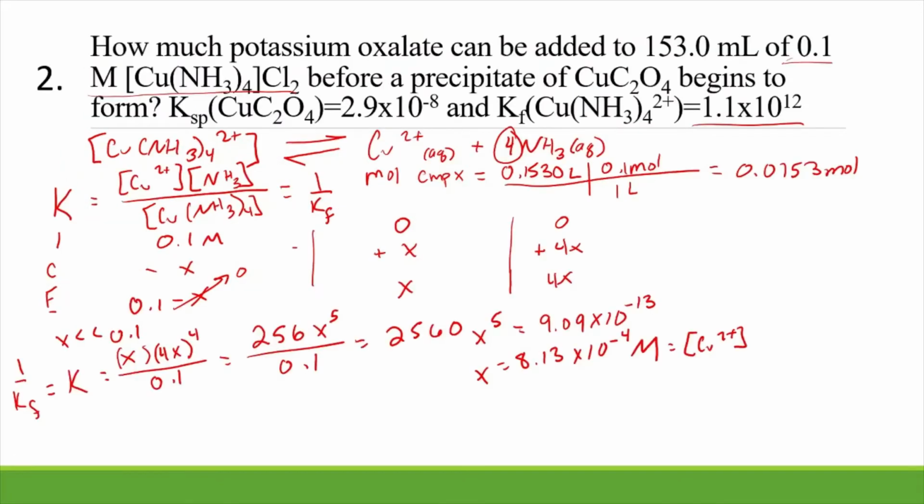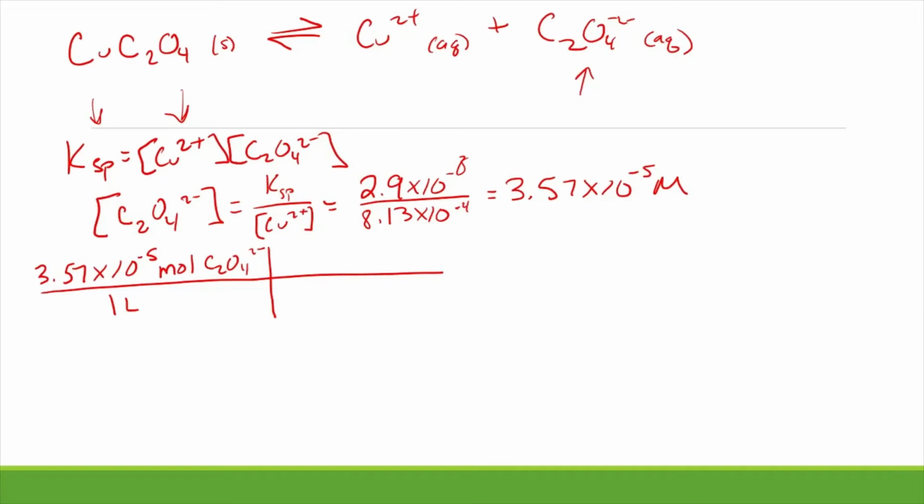And the other thing that we were told is our volume. So we are adding to this 153 milliliters. And we're assuming here this potassium oxalate is solid.